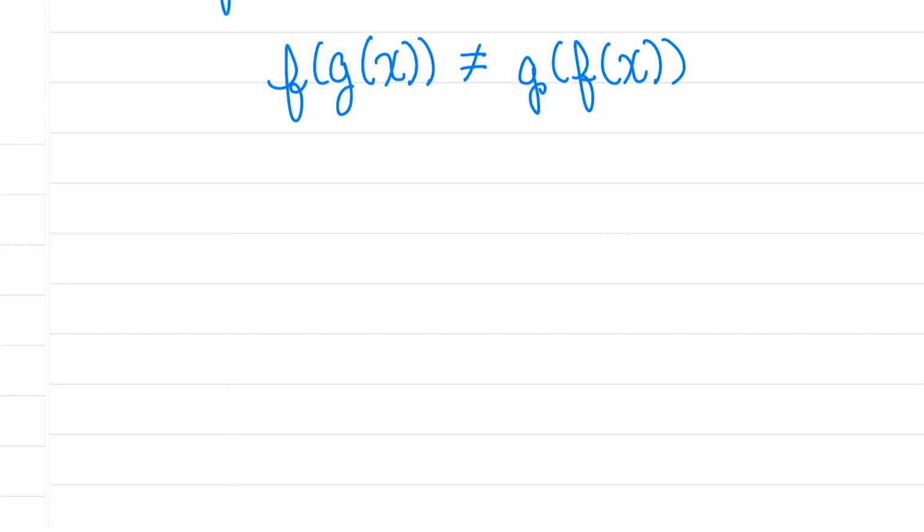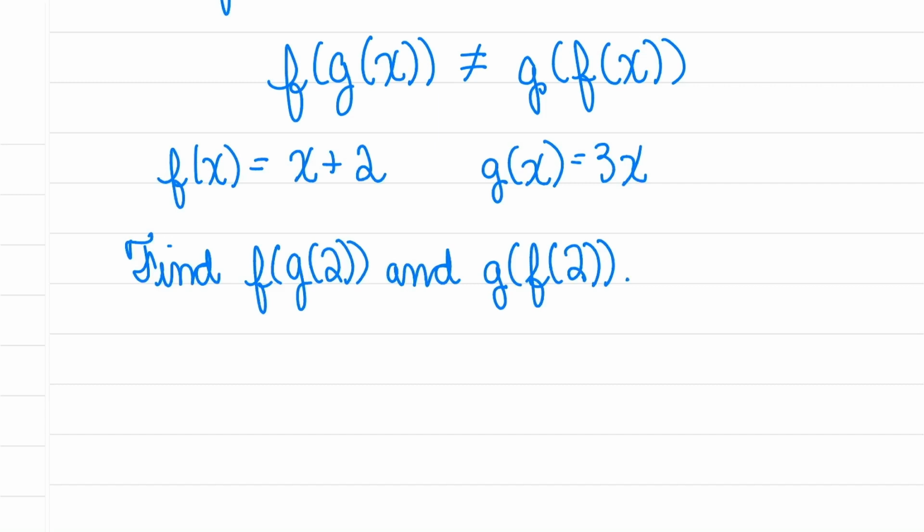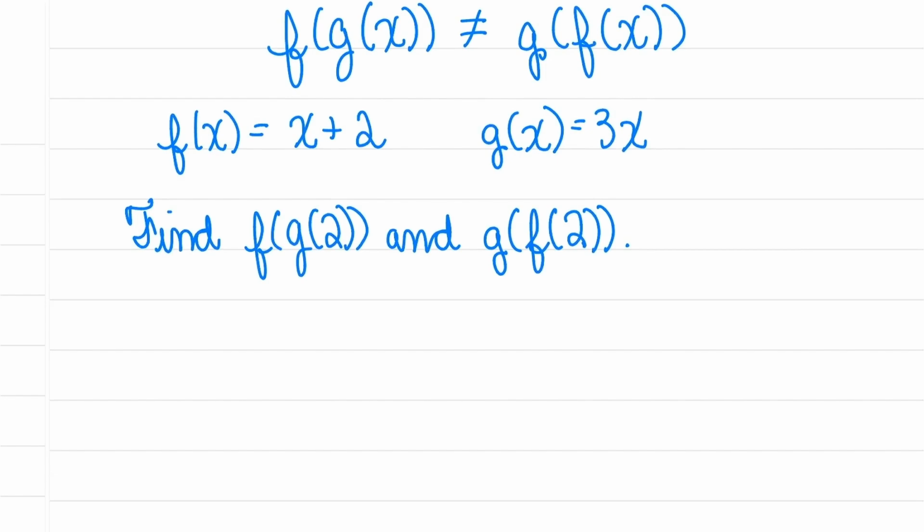For demonstration purposes, let's work out an example. Here we have f of x equals x plus 2 and g of x equals 3x. Now let's find f of g of 2 first. So just a reminder, what we're going to do is evaluate the function g at x equals 2, which means we're going to replace this and this with a 2.